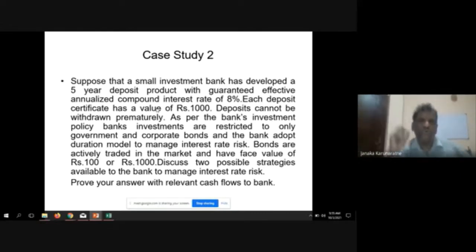Now you have to manage the interest rate risk. Think about it. Start working out different ways, and we will look at the answers later.